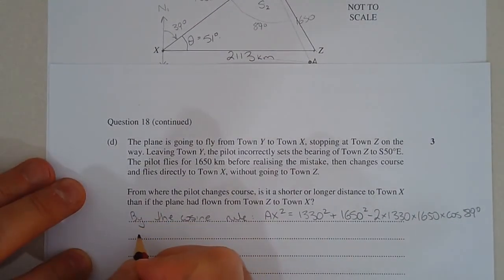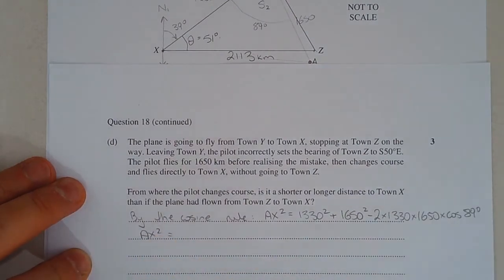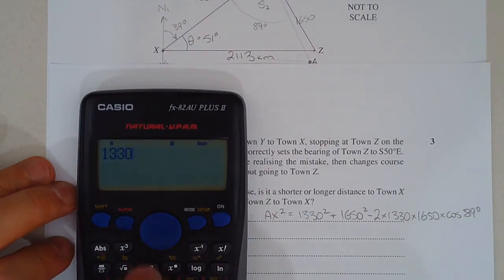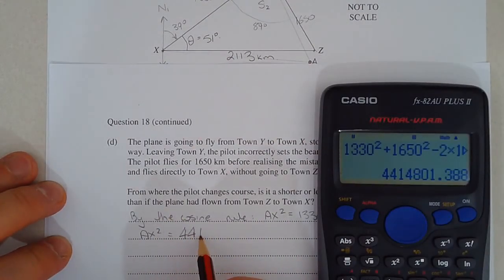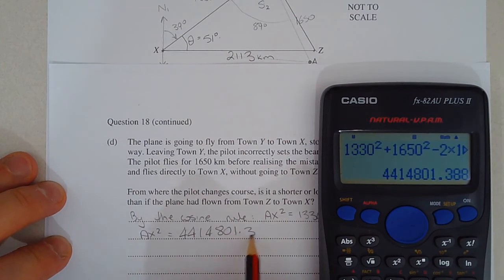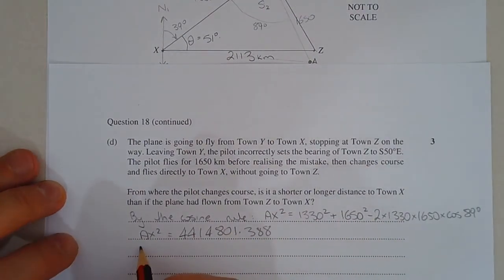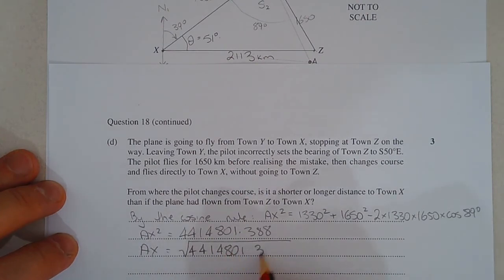So AX squared is equal to, and we get this big number there, so I'll just write that down: 4414801.388. Now AX is equal to the square root of this number, 4414801.388.